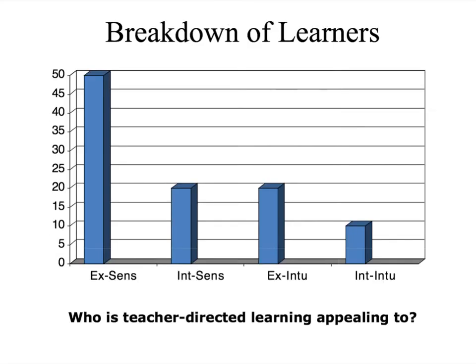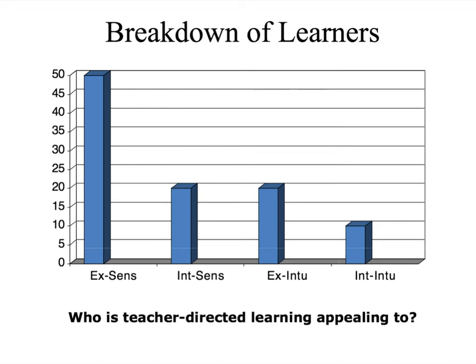So if you look at what the research says about which learning styles are more common in your classroom, you'll see by far the most common is the extrovert sensing. And the least common would be the introvert intuitive. And I think it's interesting to ask ourselves, what kinds of teaching do we see going on most of the time?